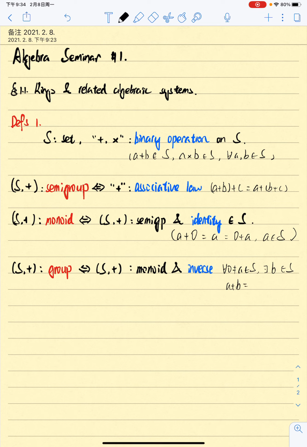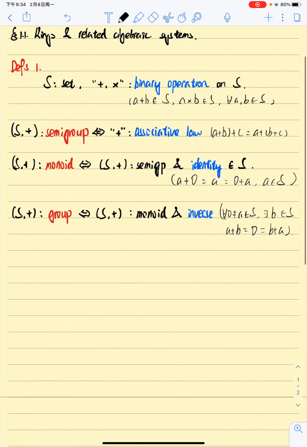The identity here is 0, and B plus A is also the identity. This is the inverse definition.